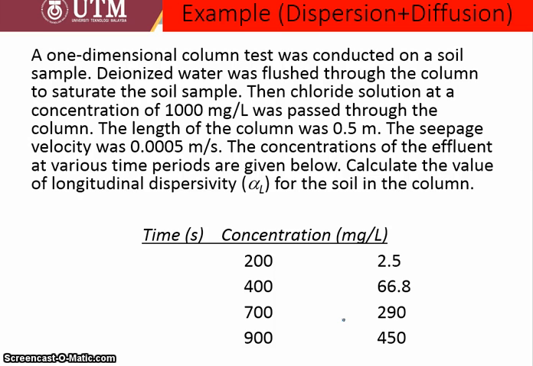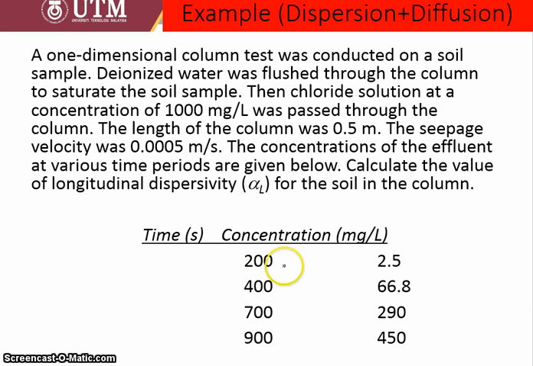So let's see one example that combines the dispersion and also diffusion. We have a chloride solution of 1000 milligram per liter that has passed through a column test. The length of the column was 0.5 meter and the seepage velocity Vf is 0.005 meter per second.